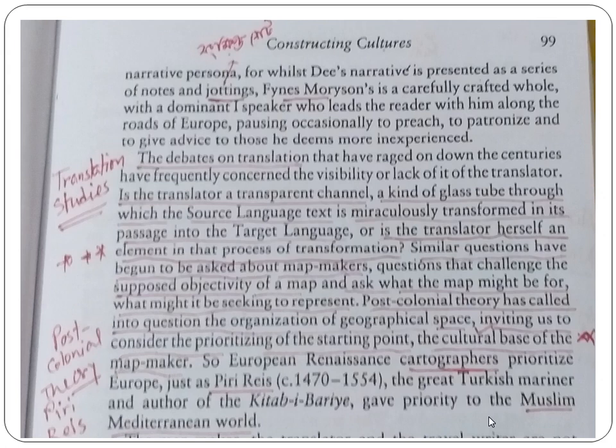The debate on translation has been raised, subsequently concerned with the visibility or lack of it of the translator. Is the translator a transparent channel? Okay. A kind of glass tube through which the source language text is miraculously transformed in the passage into the target language.